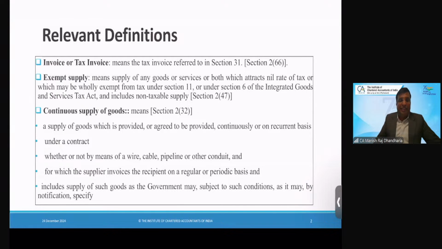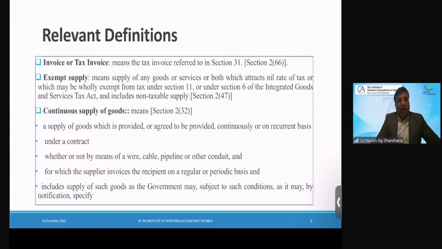These are just examples where the supply is being done by wire, cable, you can say internet and all, pipeline, that is for gases, etc., for which the supplier invoices the recipient on a regular or periodic basis at a regular interval. That can be a month or it can be a quarter. On that basis, invoices will be issued.